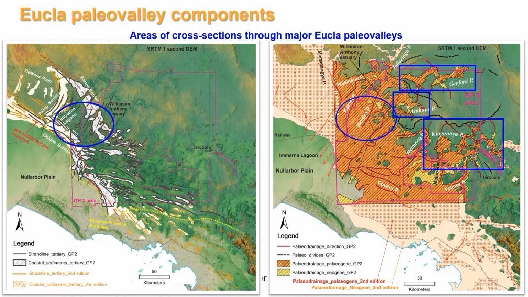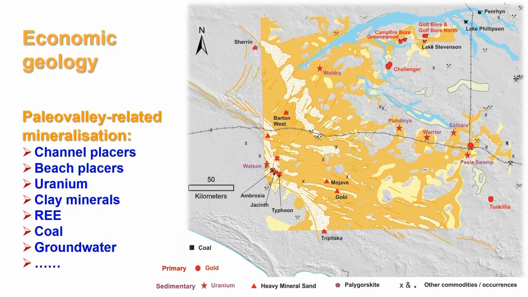This is very important because over there we already have some anomalies of uranium and heavy minerals. Also some cross-sections in this area cover the whole Gulf paleochannel, the Anthony paleochannel, and the Kingoonya paleochannel. Because of time, you can find this in our incoming report book. Another important part in this area for the final work is that we pair up the information from economic geology.